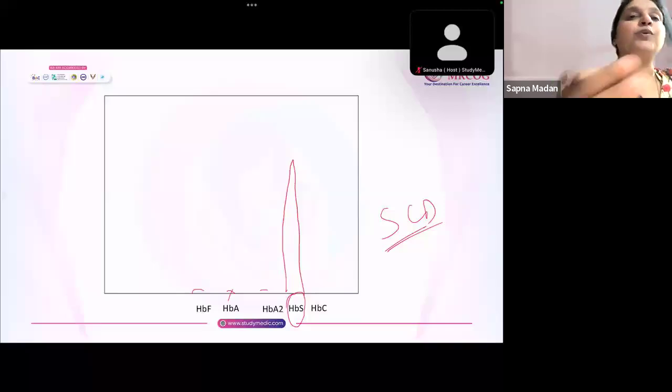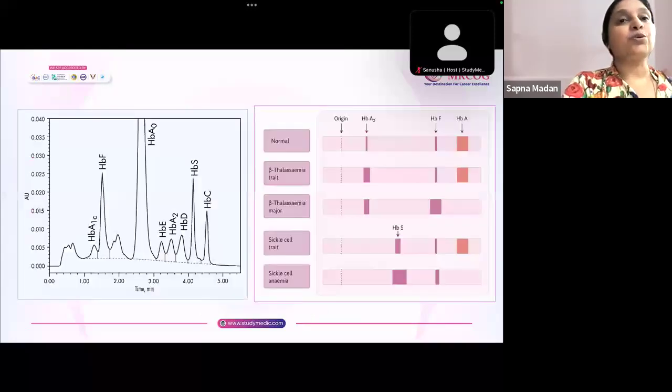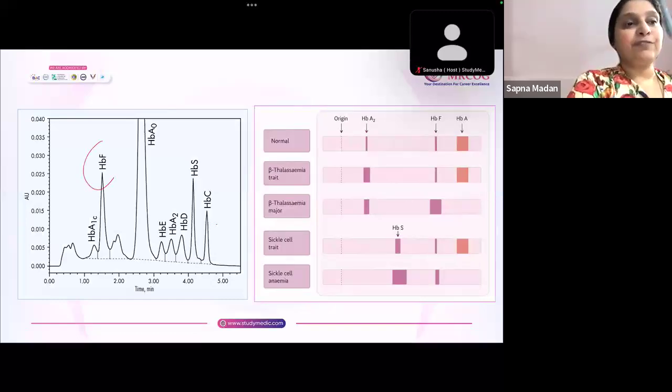And then you have to see which fraction is present, which is not present, and accordingly answer the question. Okay, so this is a trace where all the fractions are mentioned. So normally, from left to right, it is first HbF, then adult, then HbA2, then sickle cell.